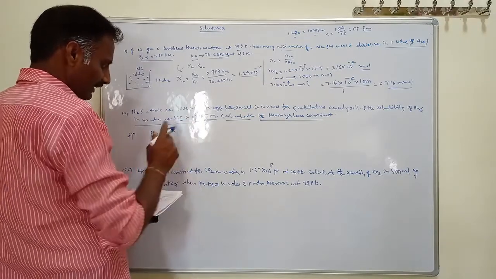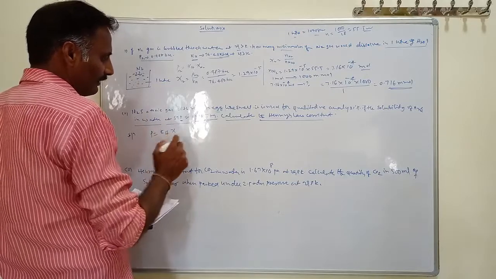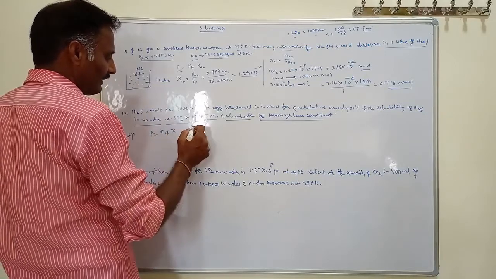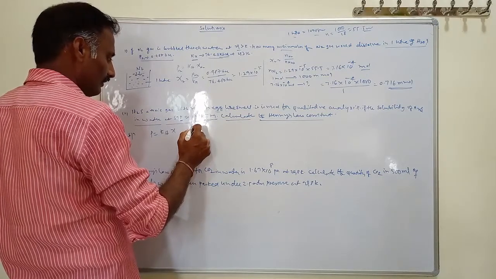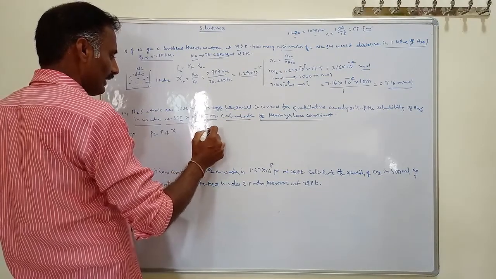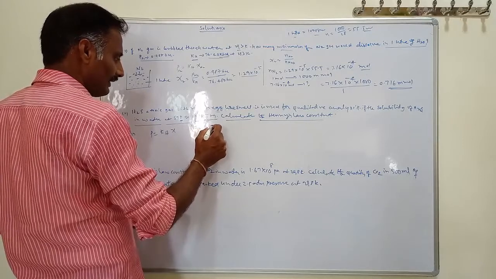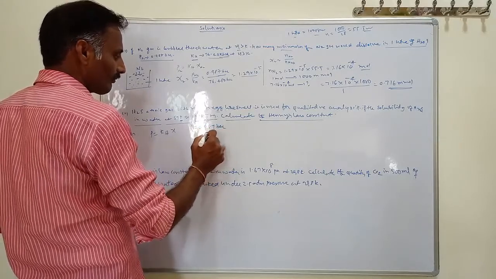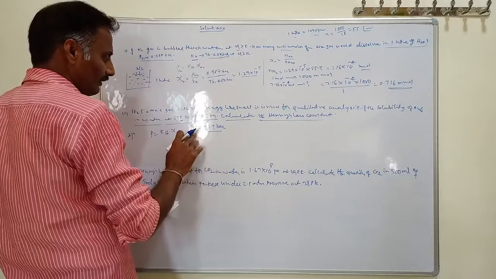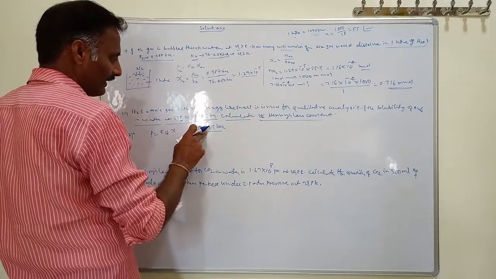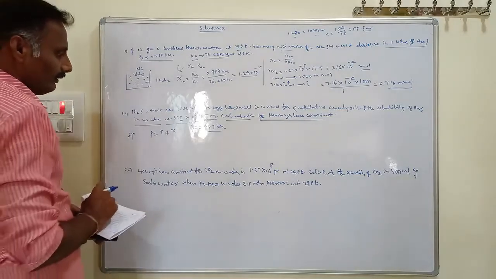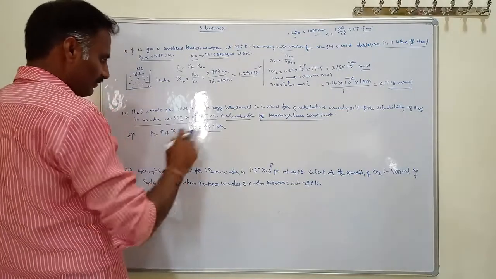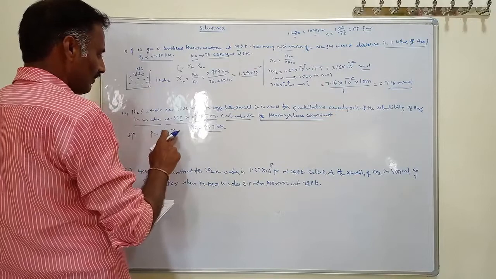At 298 Kelvin, room temperature, the pressure value is 0.987 bar. This is the value of partial pressure, 0.987 bar, atmosphere pressure. Then using this, you calculate Henry's law constant.